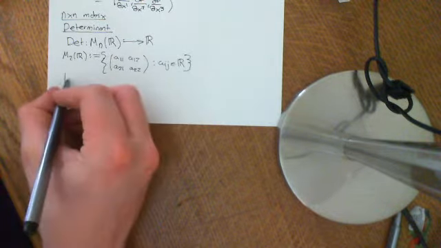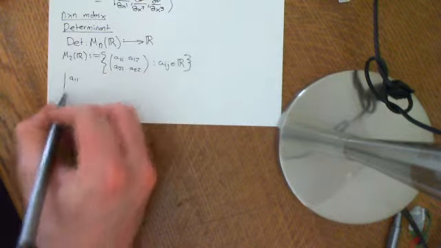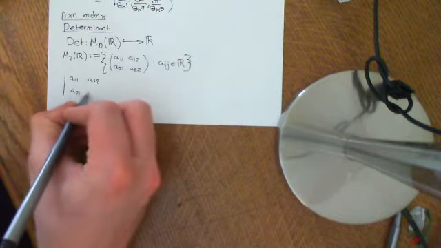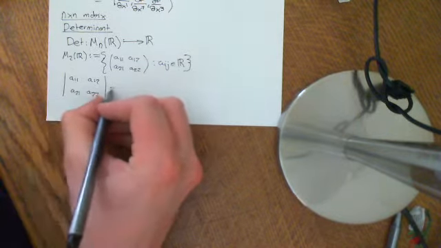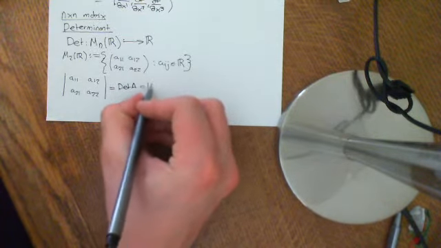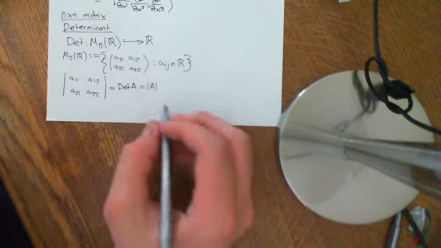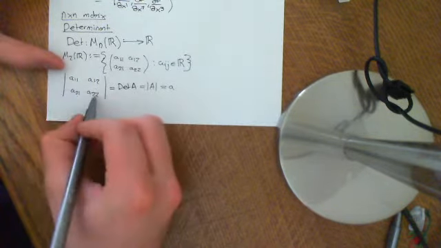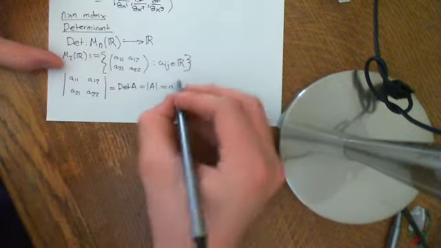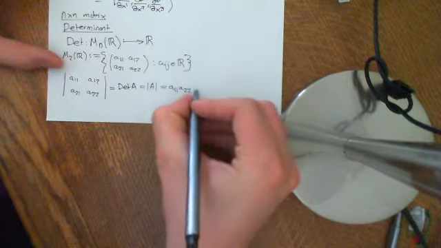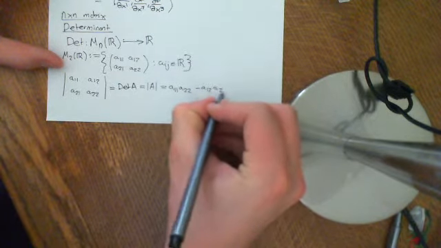Either you can just write the matrix with square vertical lines on either side, like that, or you could write det of, let's call this matrix A, or sometimes you'll just see this written with vertical lines around A. This is going to be equal to this one up here multiplied by this one, A11 A22, subtract this one multiplied by this one, A12 A21.